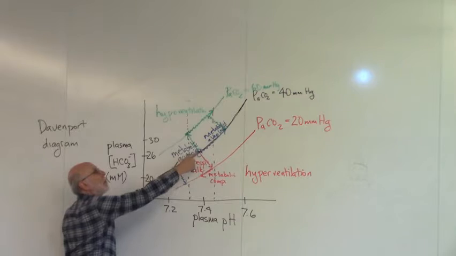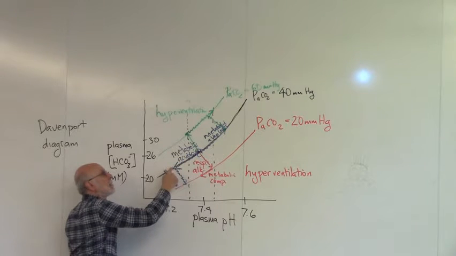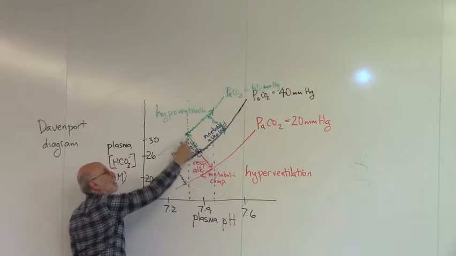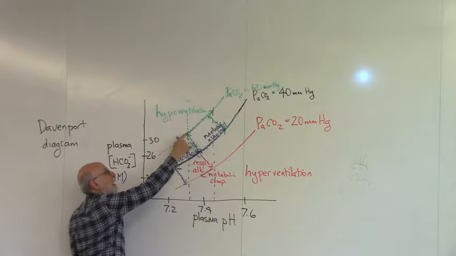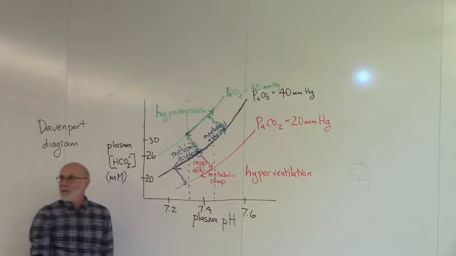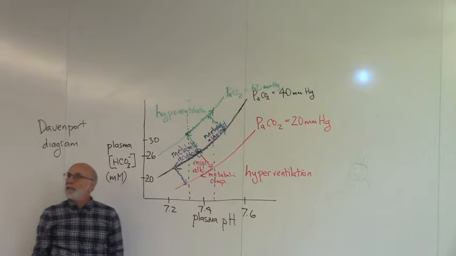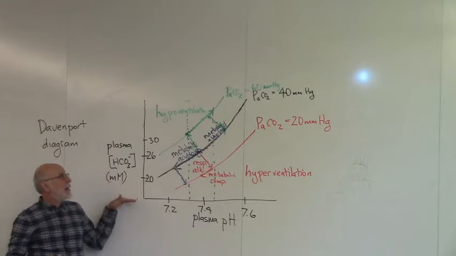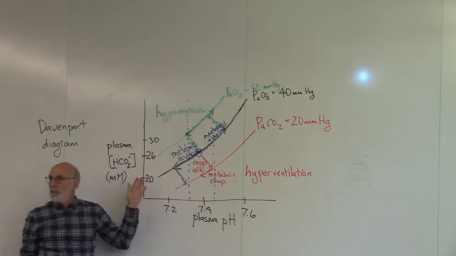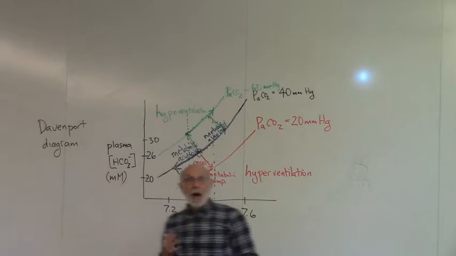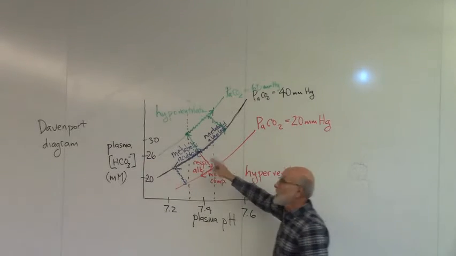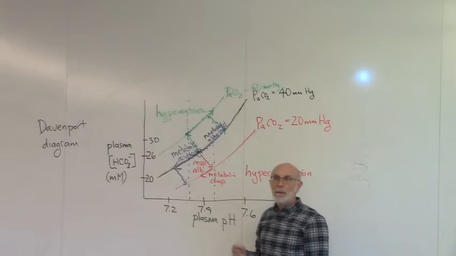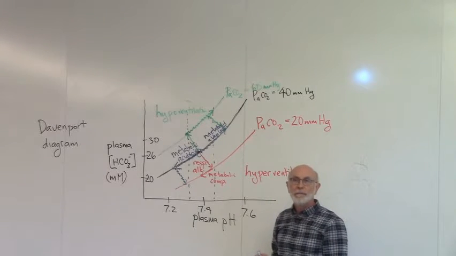You can see, we can have metabolic acidosis and then respiratory acidosis, or we can have respiratory acidosis and metabolic acidosis, right? The main point is that respiration defines which of these curves you're on. But the body can put you in various places along that curve, the body being the kidneys, the muscles, the digestive system.